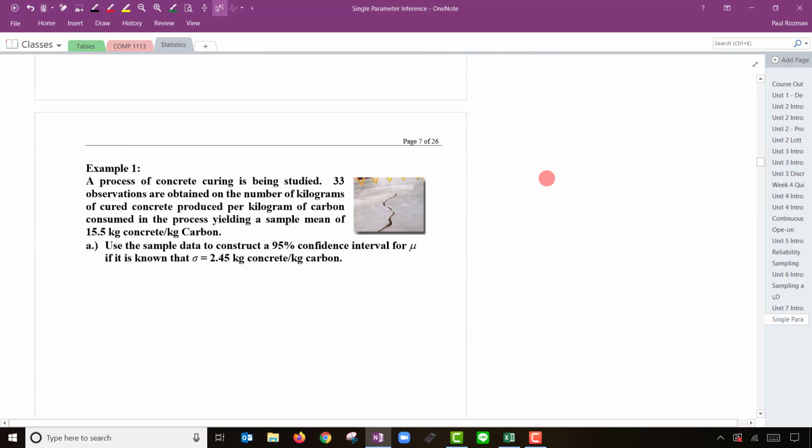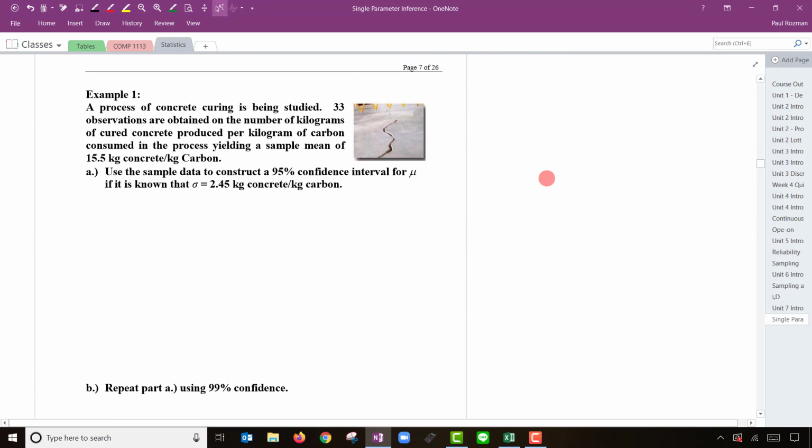Here's a little example. I'm curing concrete. I want to measure the number of kilograms of cured concrete per kilogram of carbon consumed in the process.